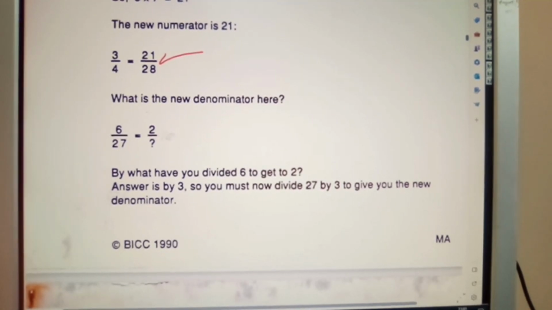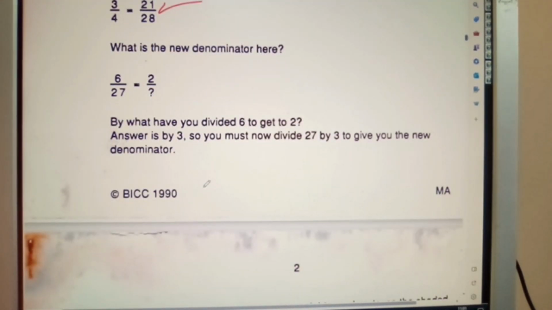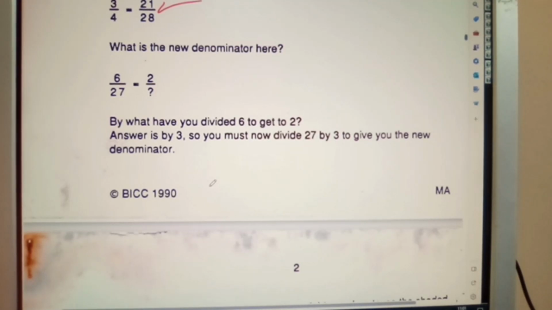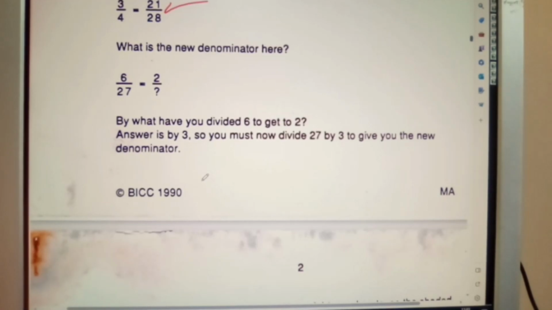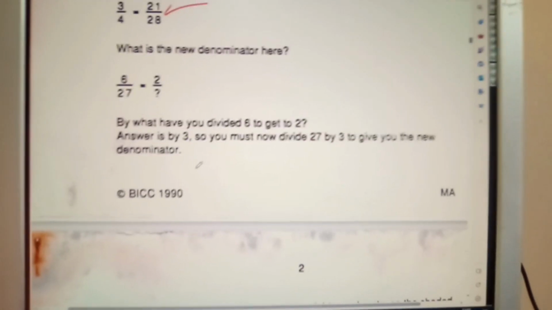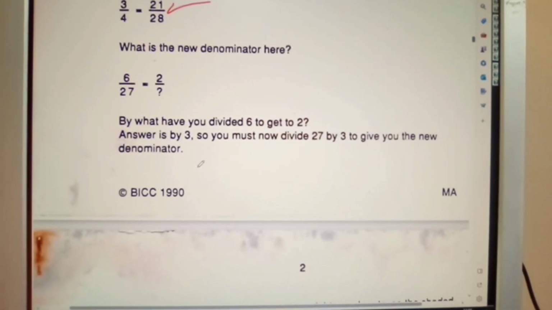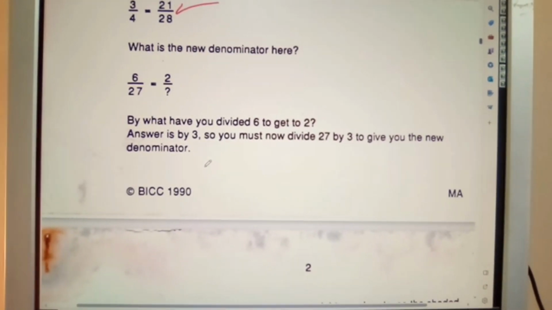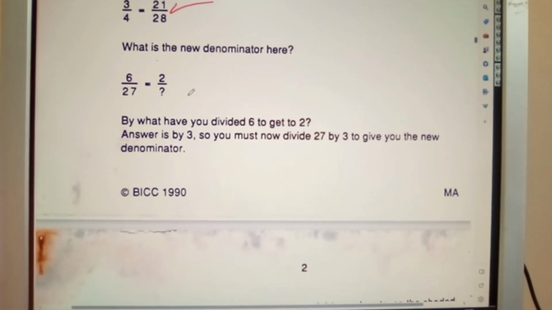What did they divide this by? The answer is by 3.